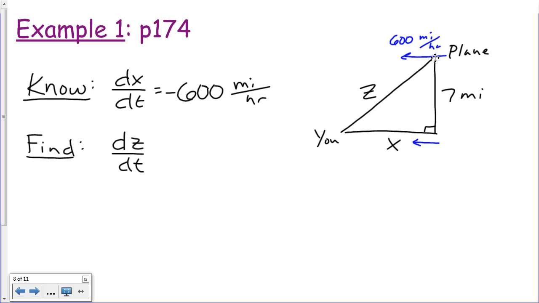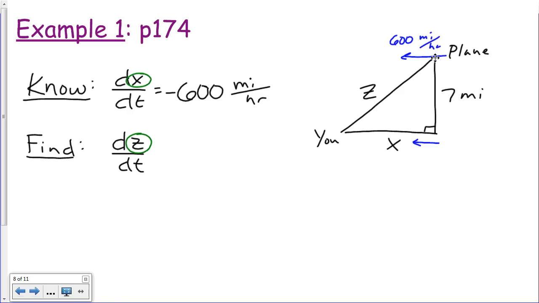So I eventually want to get this in terms of just x. By laying out exactly what we know and what we're trying to find, I can see what kind of equation I need to start off with. Sometimes they've given you the equation to start with. In this case, they did not. You have to come up with that. So I can see that I need an equation that relates x and z.